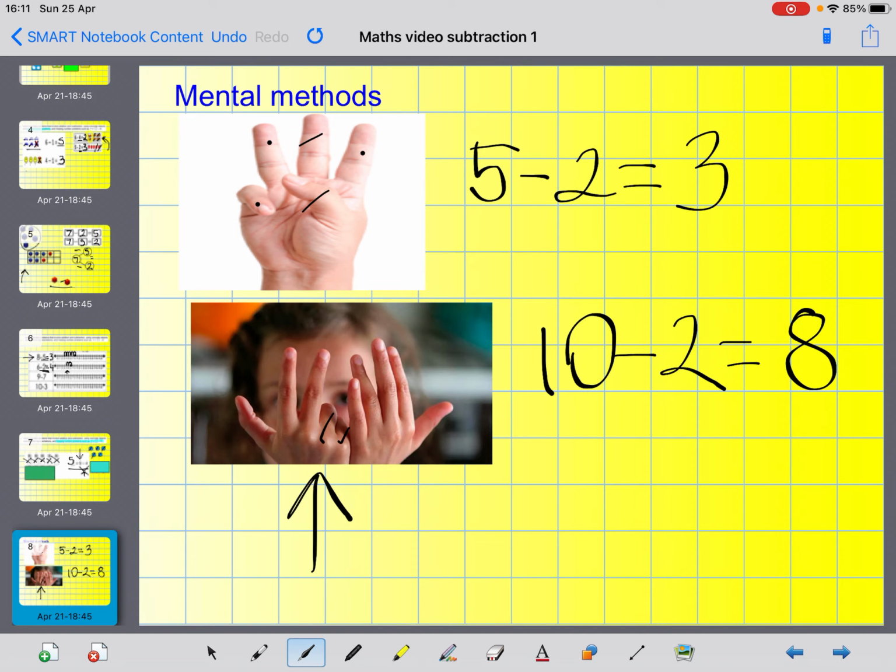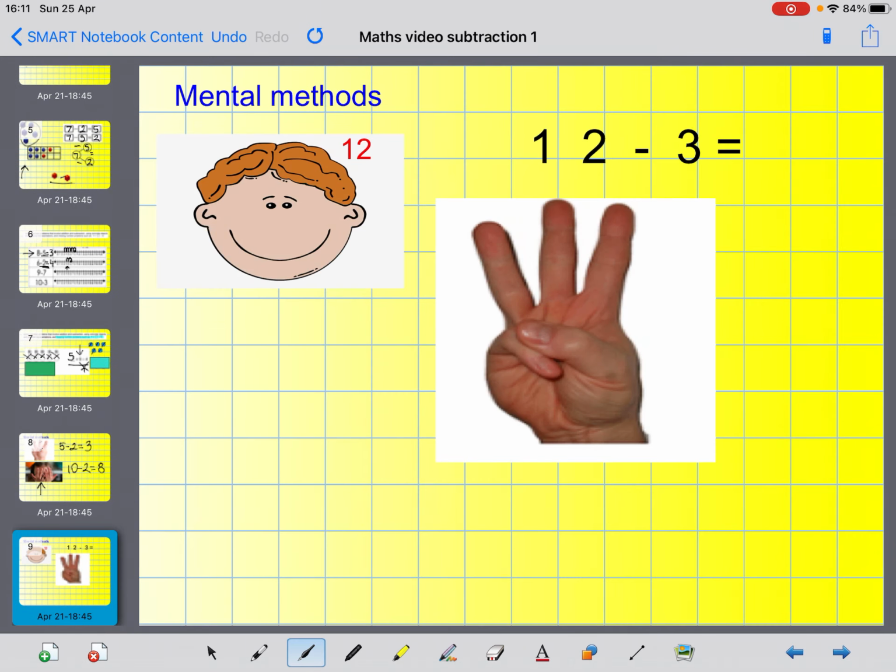So using fingers is a very great tool because we always have them with us and we can use them anytime. So it's very useful to use in year 1 our fingers to help us to solve some simple addition and subtraction problems.